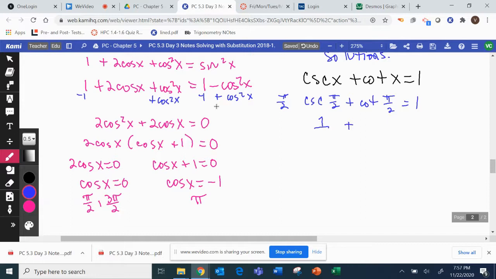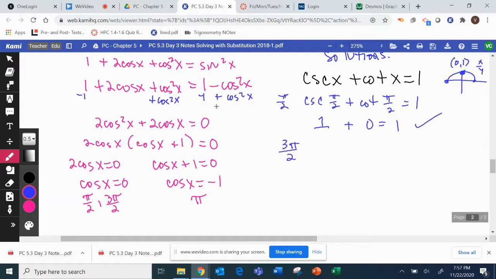At pi over 2, cotangent is 0. And if you need to, write the ordered pairs down, cotangent is x over y, so it'll be 0 over 1, that's 0. So this one works.